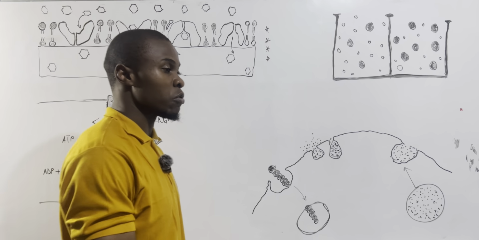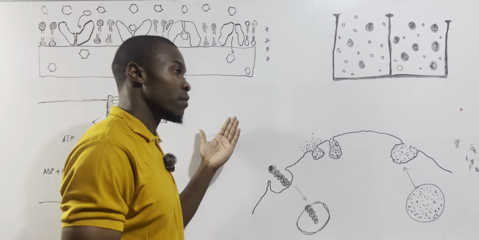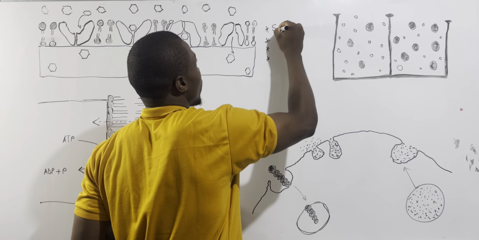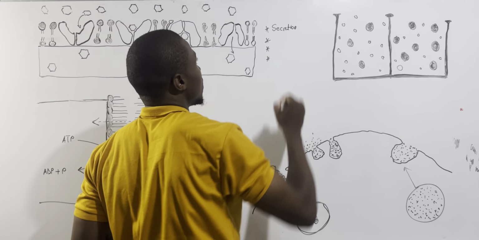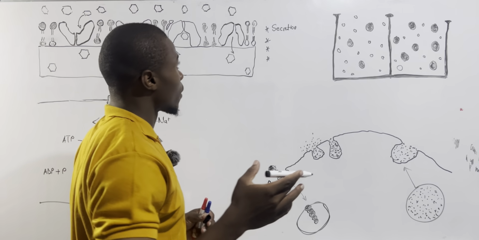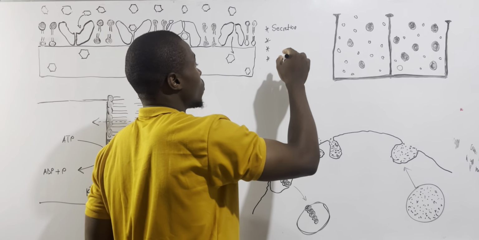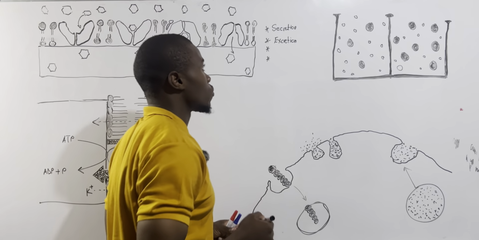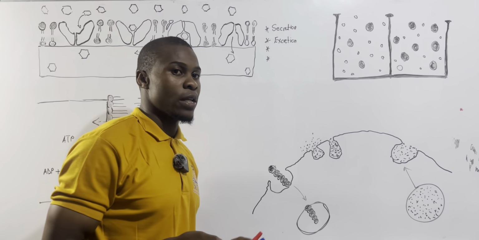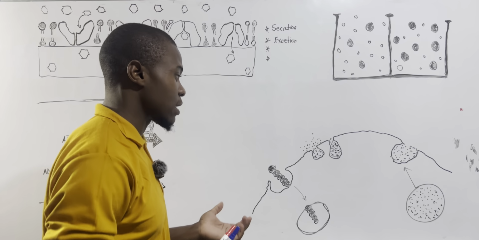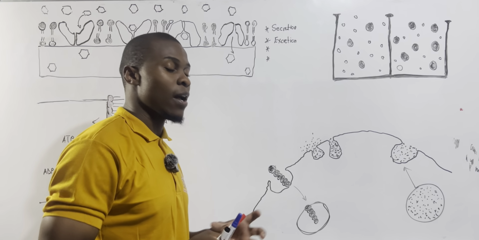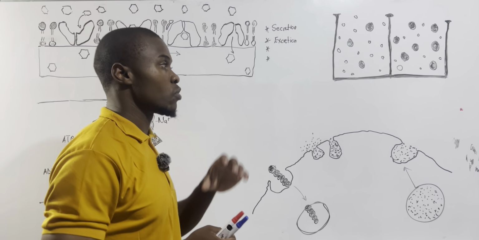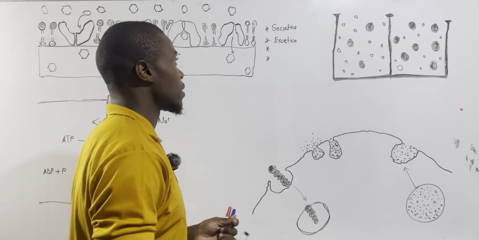Substances move out of the cell into the external environment by secretion, for example secreting hormones out of the cell. Besides secretion, we also have excretion, where the cell removes its waste products.